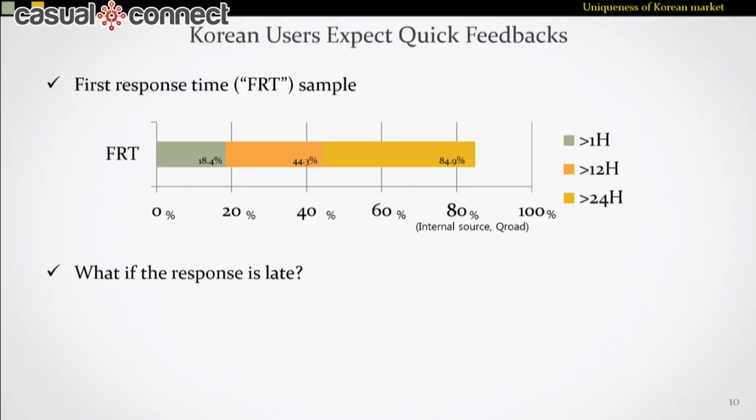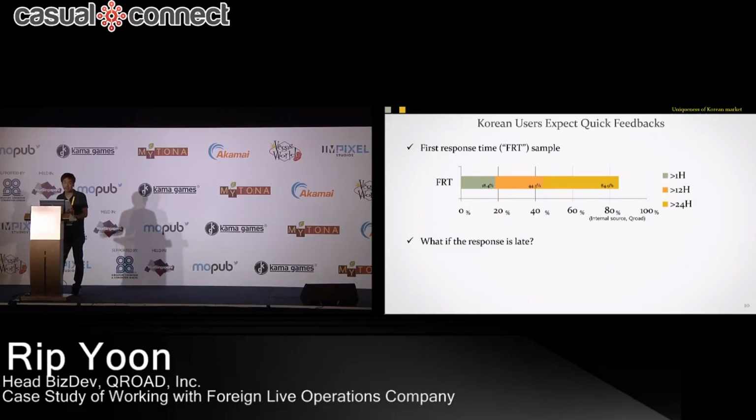So within 1 hour, we give them 18%, and our standard time is 1 day at least, because there are many inquiries at midnight. So within 12 hours, we have to give them 44%, and users feel that they are not satisfied. They are unhappy. The company is too late with the feedback. Even when we give them one day feedback.